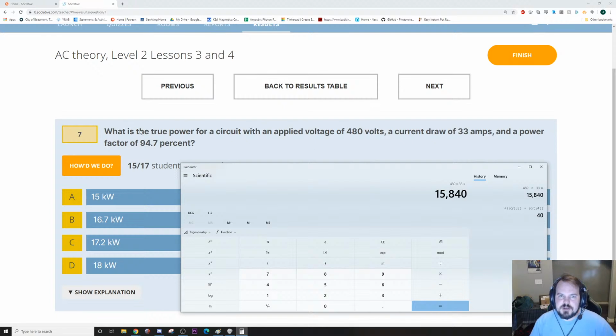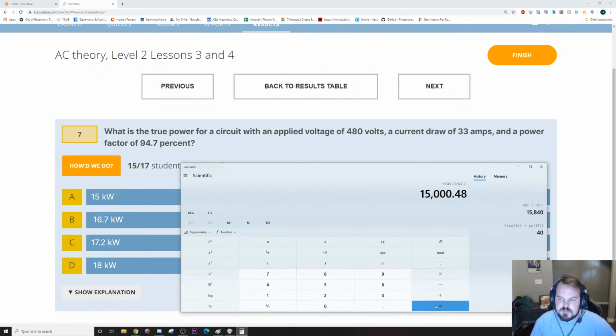That's what power factor is. That's the percentage of the total power that is true power. And then the rest is wasted power. So all you have to do once you get this 15,840 is multiply it by 0.947, because that's 94.7%.